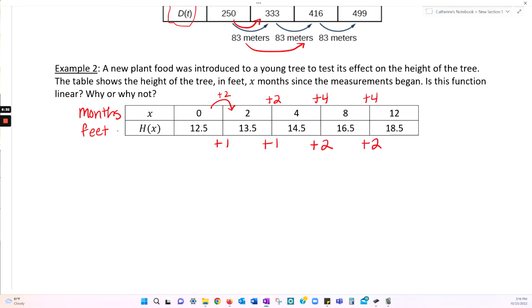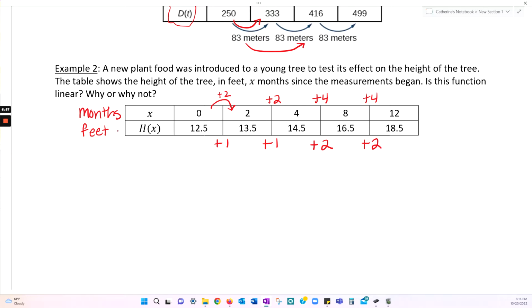So if we look at double the months, we're also doubling our height. I'm a math teacher, so I can look at this and go, yeah, that's linear. But if you're not a math teacher, if you don't do this all the time, then it may not be immediately clear.